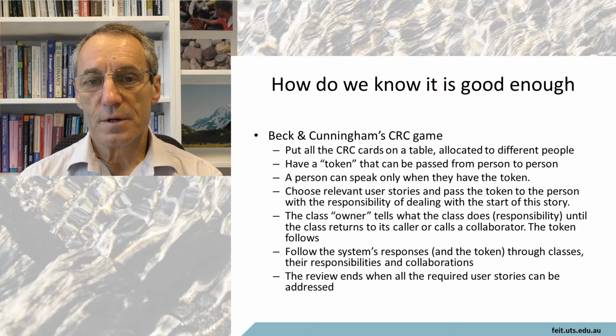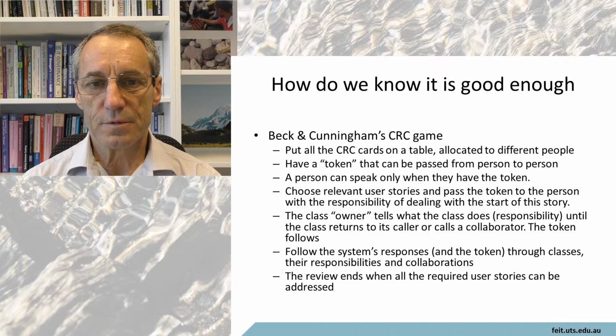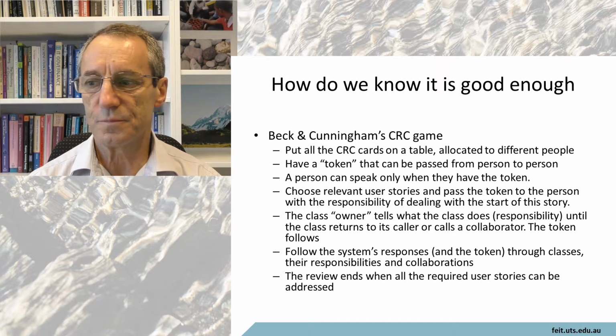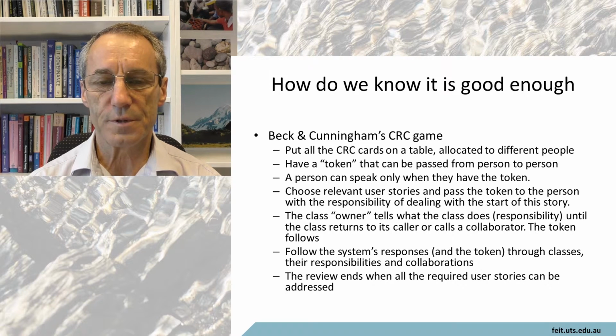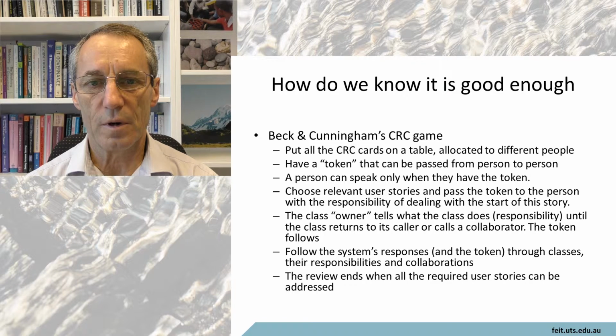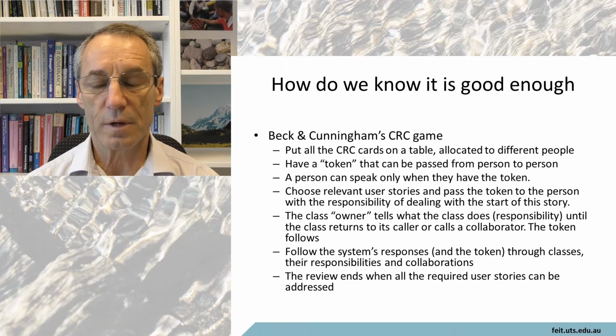The easiest or most public way of doing this is through the class responsibilities collaboration method that was first proposed and described by Ward Cunningham and Kent Beck back in 1998.